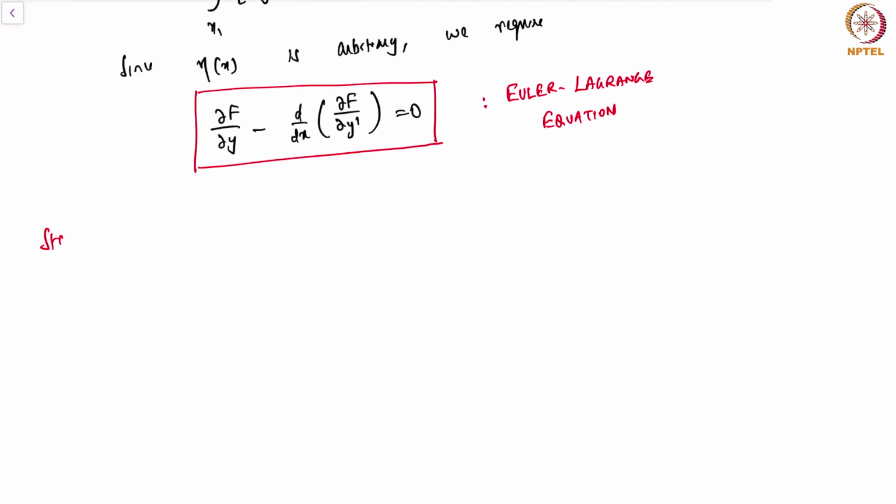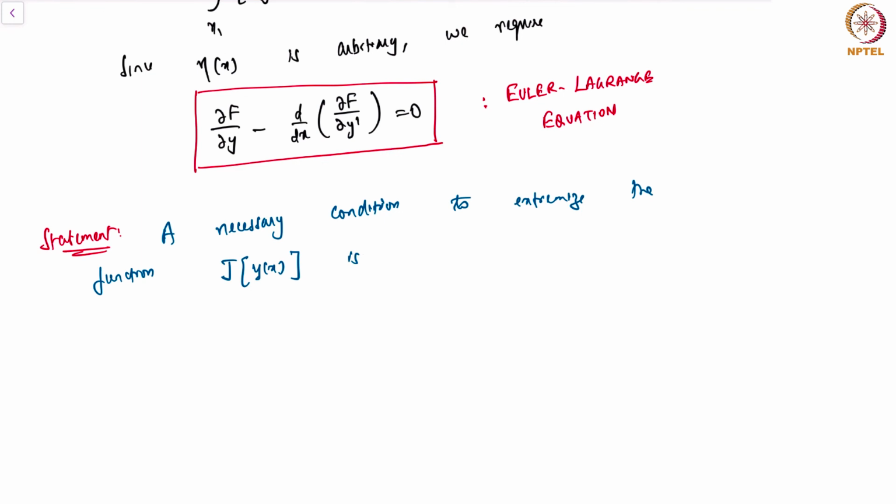A general statement that we can formally write is as follows: a necessary condition to extremize the functional J of y of x is for the function capital F of x, y and y′ to satisfy the Euler-Lagrange equation.